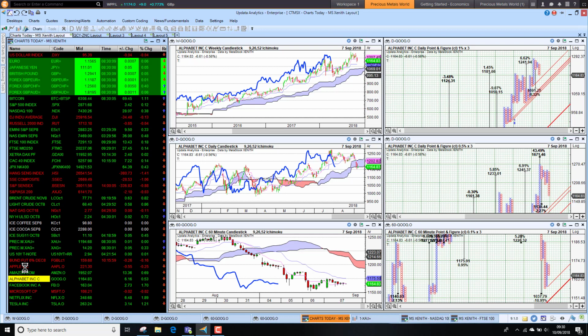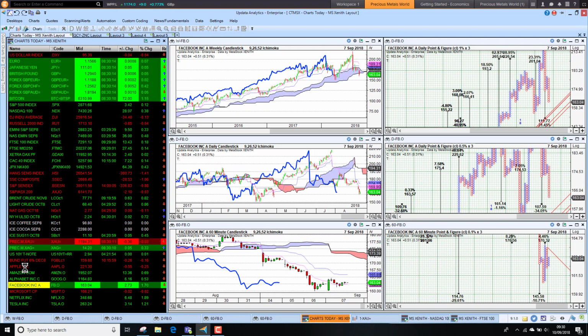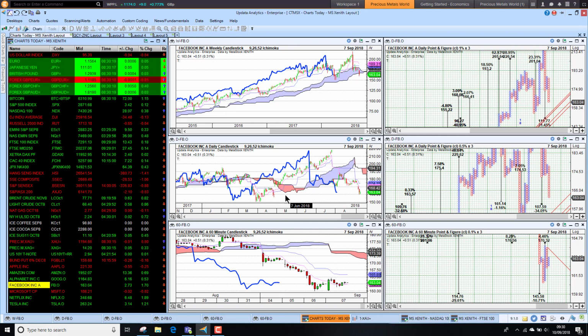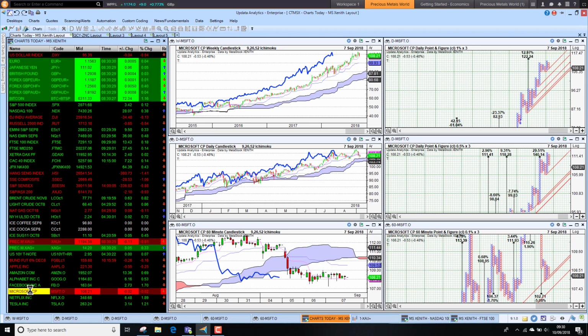Facebook a real concern as we are making new lows here, breaking that 170 level and pushing really back to the lows we saw down at March and April time. Microsoft also pushing lower and just struggling to get through that 110 level, turning into bearish territory below the cloud.